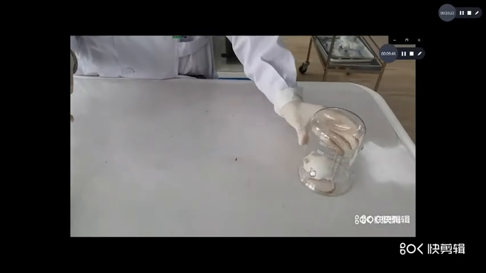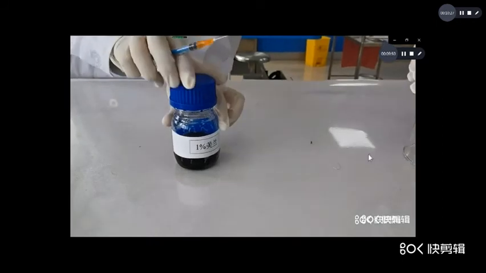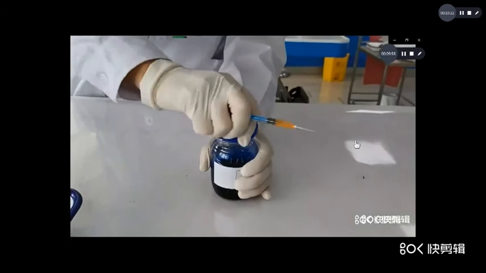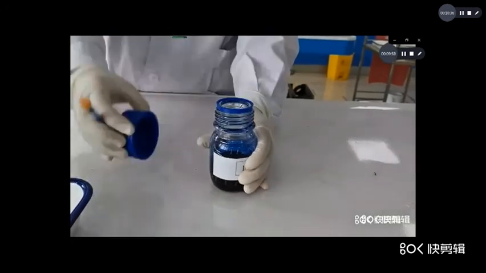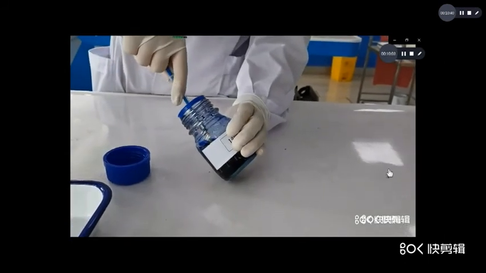The animal first gets sodium nitrate, and next normal saline. Animal B first also gets the sodium nitrate, and next the methylene blue. Prepare.